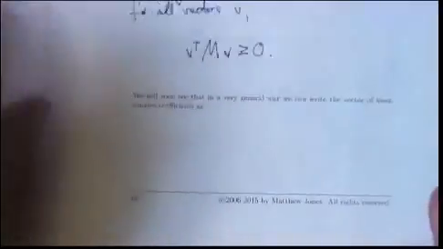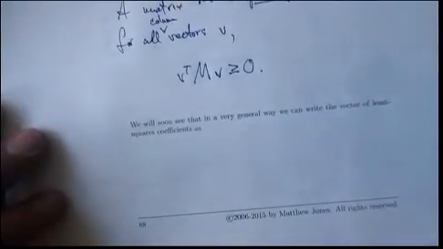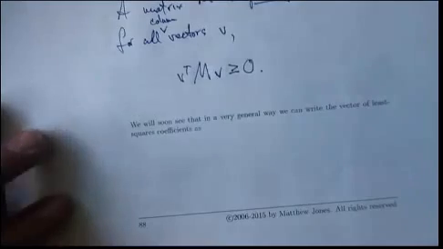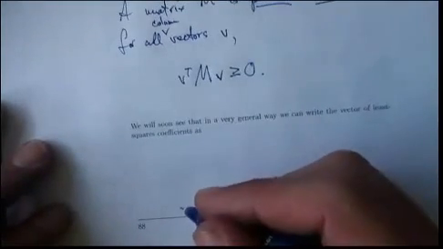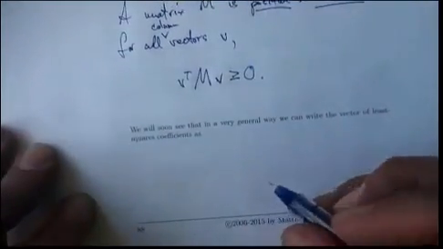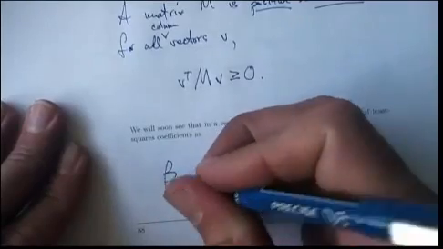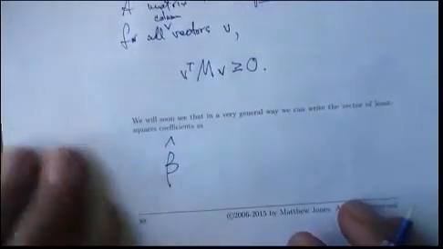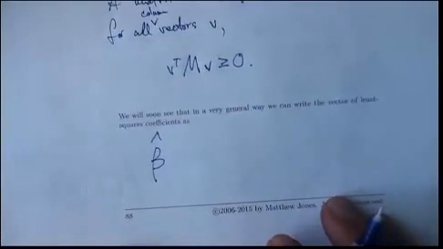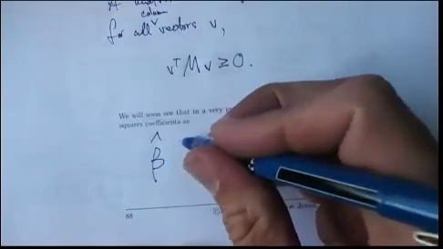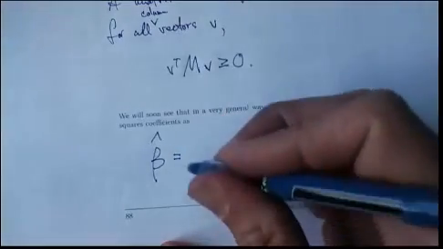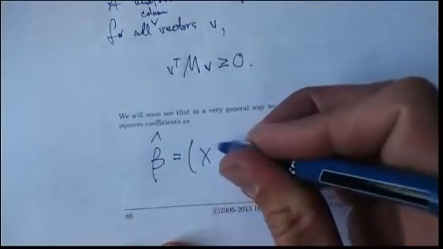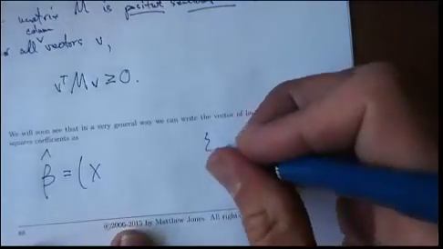Finally, one more little application, and we'll go into this in depth and actually prove it in the next set of notes. In a very general way, we can write down our least squares coefficients in a very nice way when we're doing linear regression. Let me write this off to the side here.